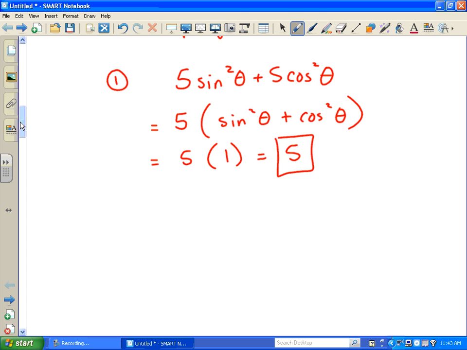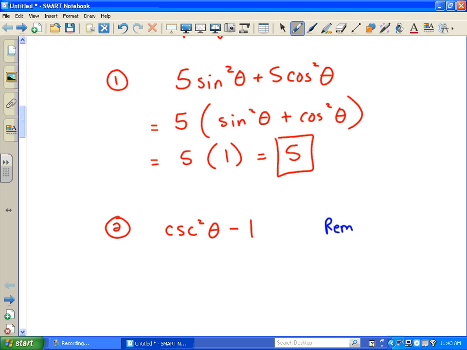Okay, as another example, let's say that you have something along the lines of cosecant squared theta minus 1. Well, this particular one does not exactly fit one of the 3 identities I have, but it reminds me of one of them.